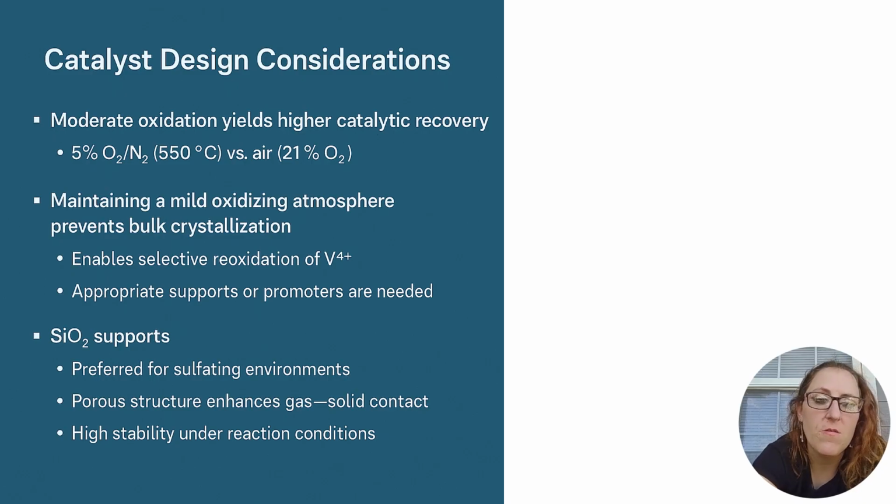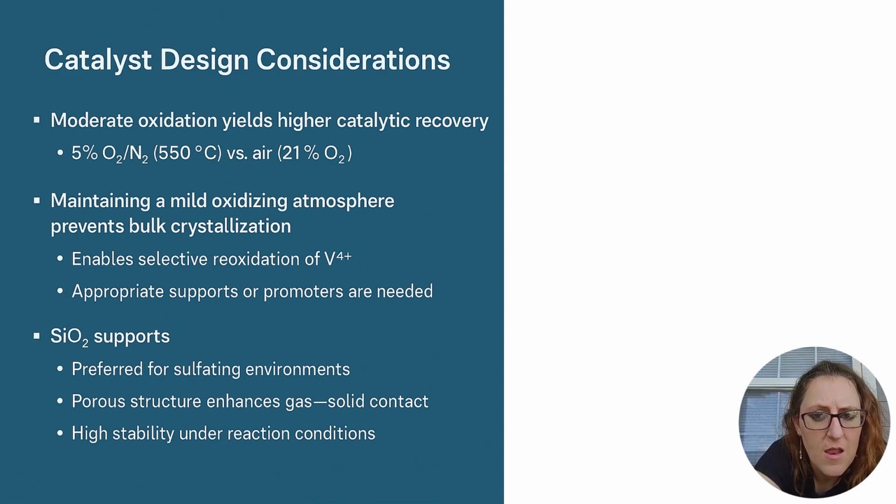The study's regeneration data indicate that moderate oxidation, 5% oxygen in an inert 95% nitrogen environment at 550 degrees Celsius for 1 hour, yields the highest catalytic recovery. In contrast, regeneration in air, 21% oxygen, leads to excessive oxidation and crystallization, trapping vanadium in low-activity phases.